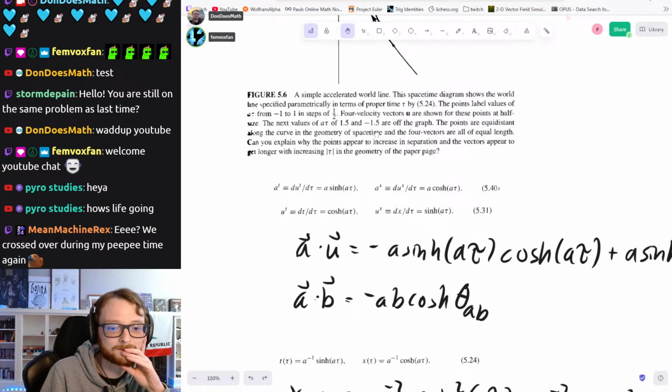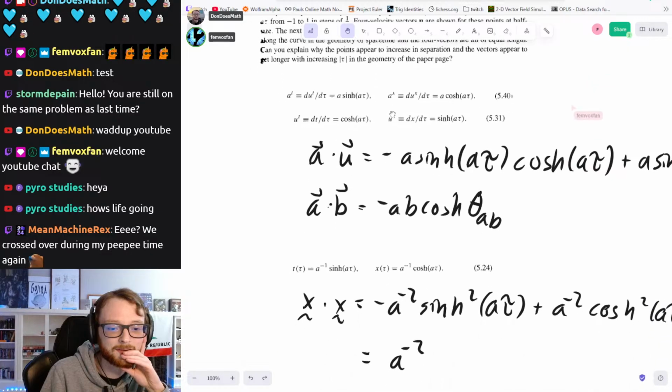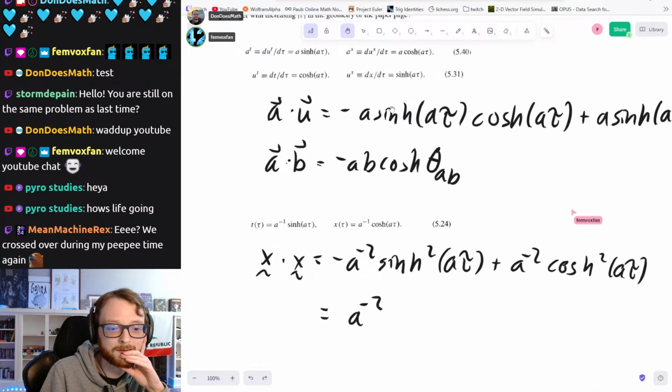Oh yeah, sorry, I'm with you there. So you're saying the X vector was the time component and then the X component and then two zeros. Yeah, but I didn't draw it in those.